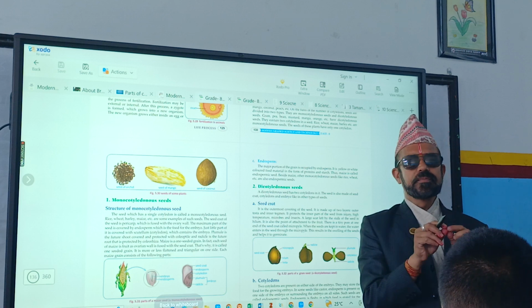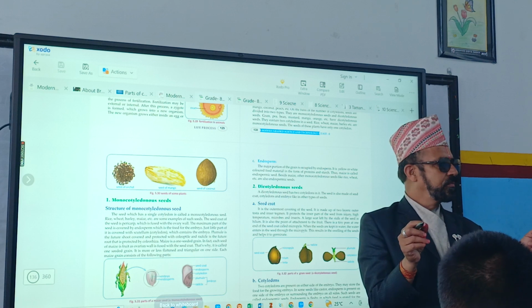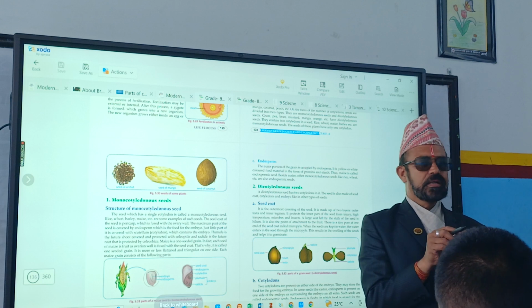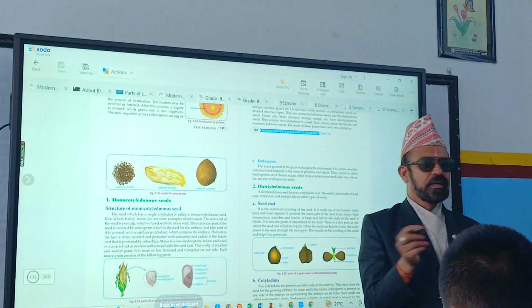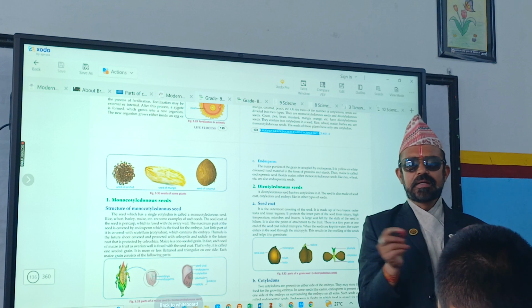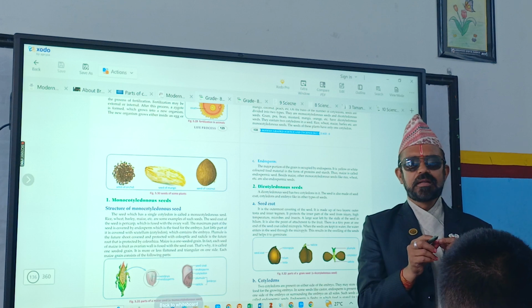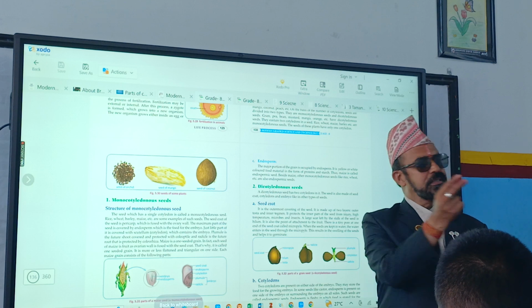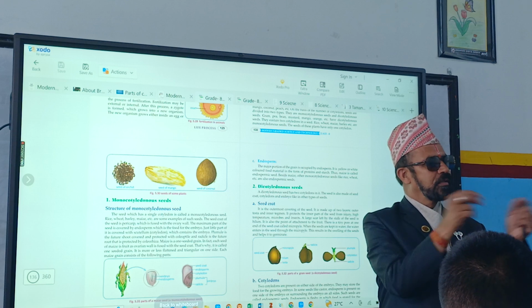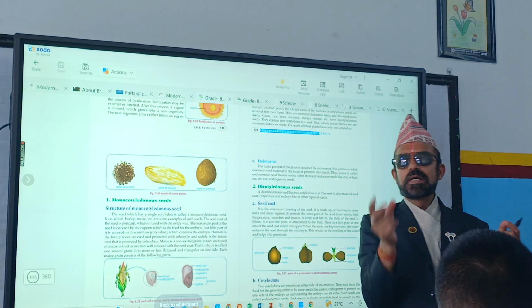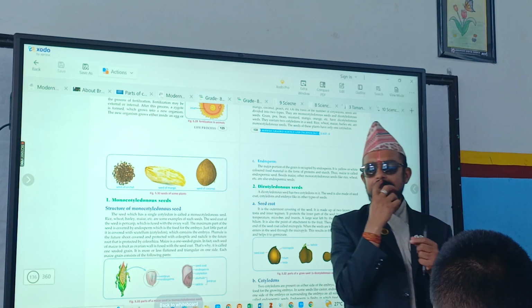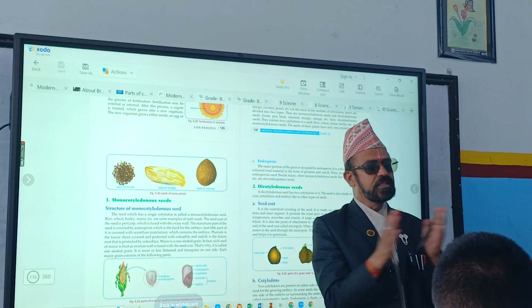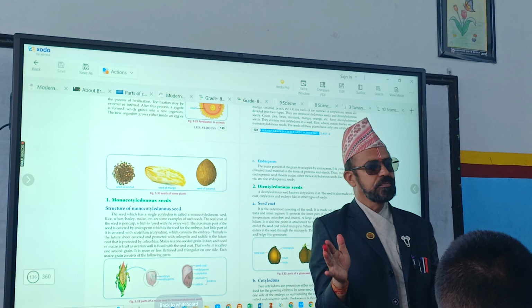Soybean, gram, gram also you can divide into two parts. Bean, lychee, can you divide lychee? Lychee seed is there, no? They are small seeds. Try. So lychee, maize, rice or paddy, these are monocotyledons. We cannot divide them into two equal halves.